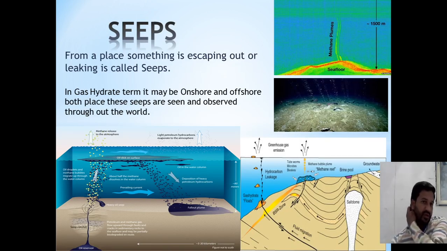The second condition, on the ocean side, needs seepages on the ocean bottom. We know there are many cracks, fractures and fissures, and these openings allow methane gas from the bottom of the sea to come out.